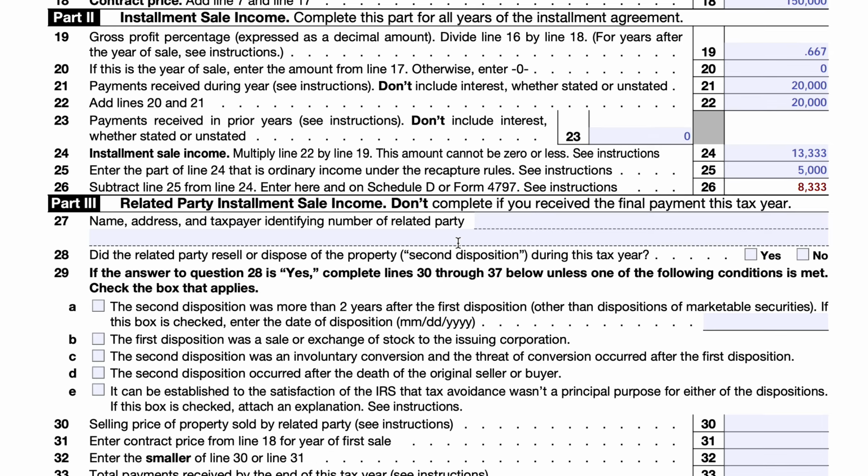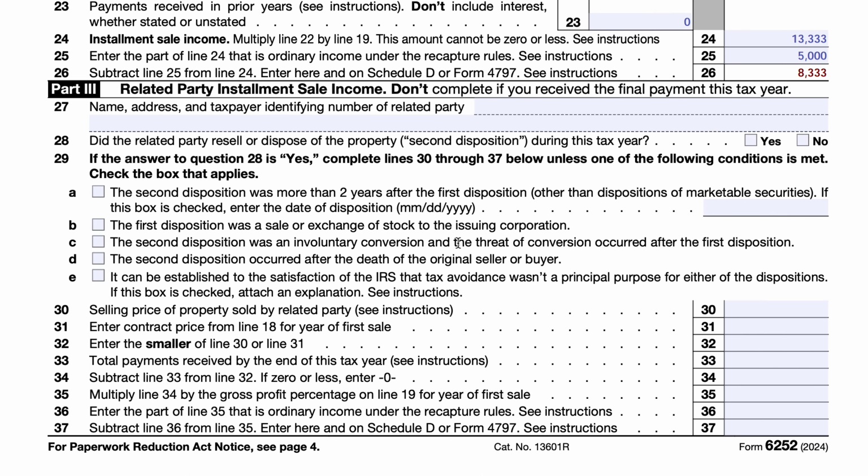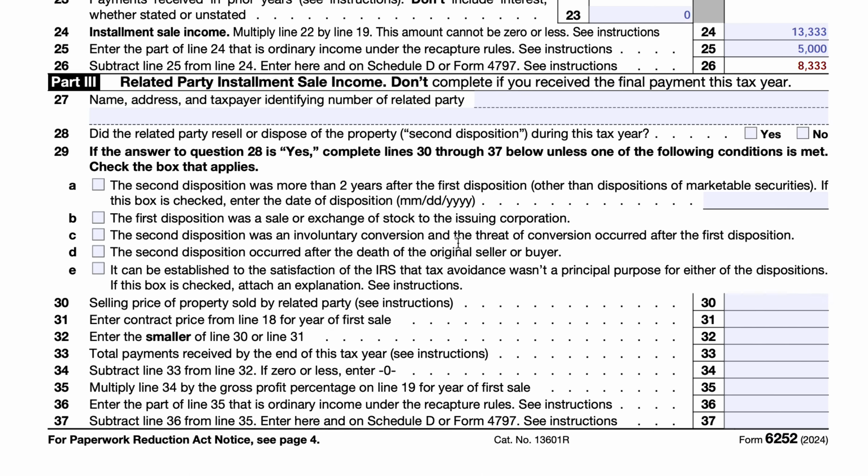And then part three is optional. Well, it's not optional, it's either or. Most people won't complete part three unless you sold to a related party.